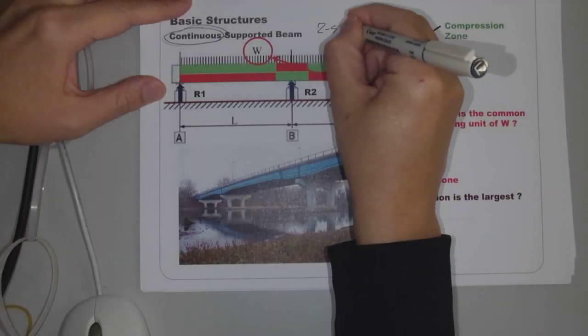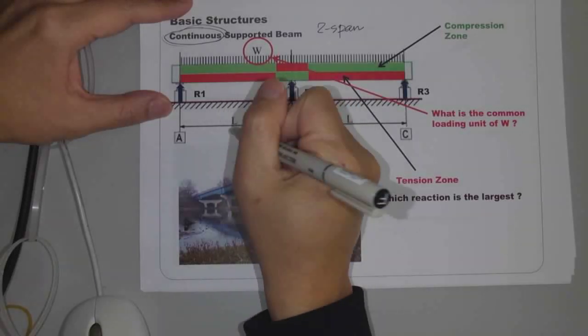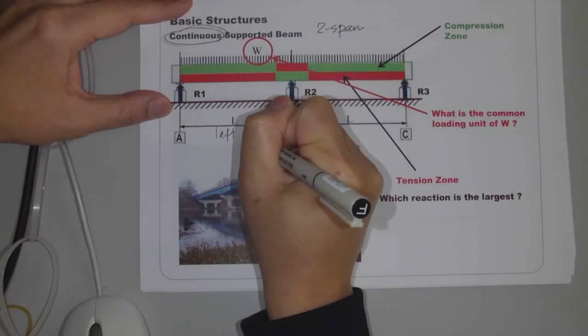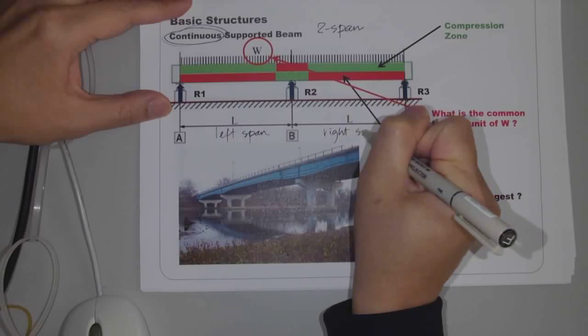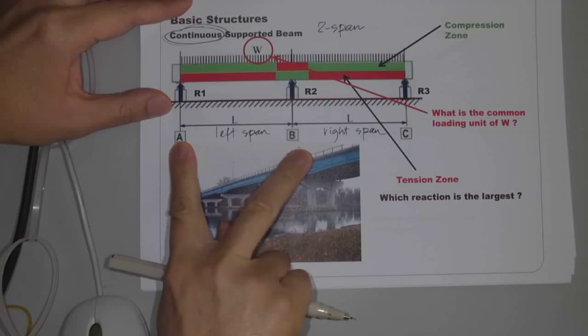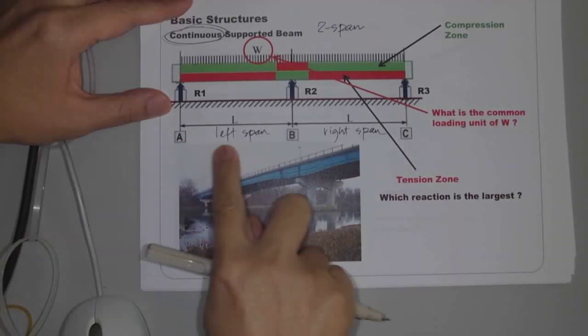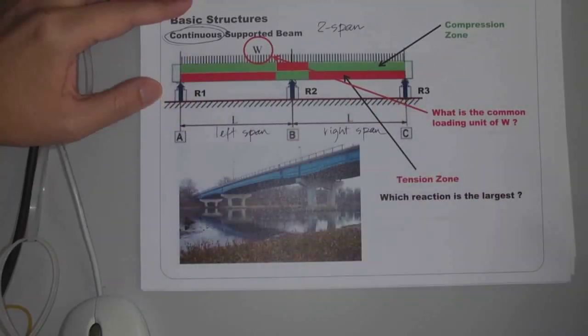It's 2 span. So this is my left span. This is my right span. And I've got 3 supports, A, B, and C. It's continuous, 2 span, continuous.